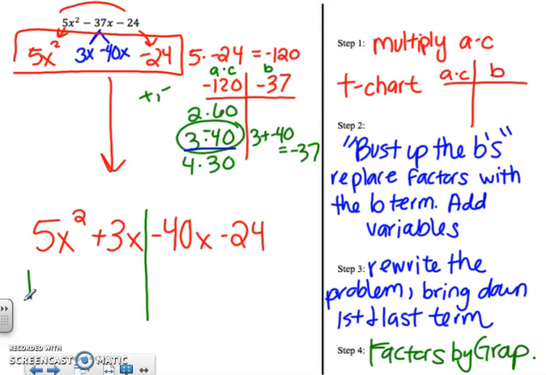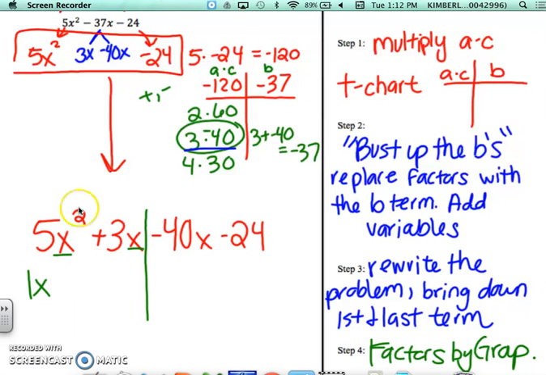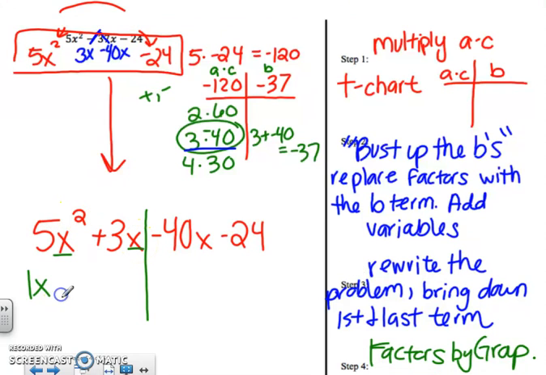And then out of x squared and x, you can take out an x. You will always be able to take out an x because your coefficient is going to start with an x squared, and then it's going to go down one power of the variable. So now figure your parentheses. 5x squared divided by x is 5x, and then plus 3. Once you've got that parenthesis, you're going to rewrite it.